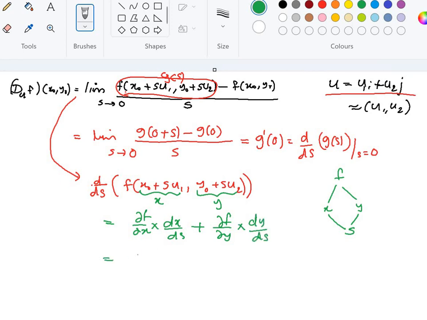Okay, so this is nothing but the partial derivative f_x into, what is dx/ds? This expression I am calling as x, right? x is this x naught plus su1. So what is dx/ds?